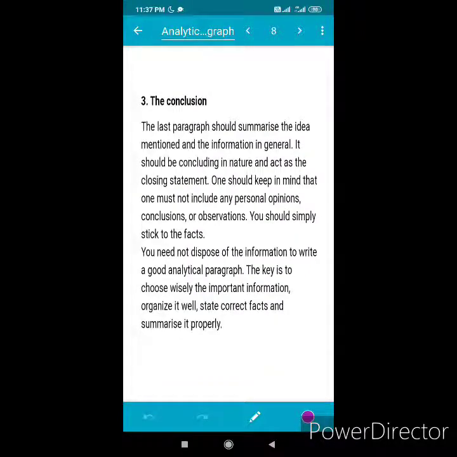Children, do you know how to conclude the paragraph? The conclusion. The last paragraph should summarize the idea mentioned and the information in general. It should be concluding in nature and act as the closing statement. One should keep in mind that one should not include any personal opinions. Be careful while concluding the paragraph.